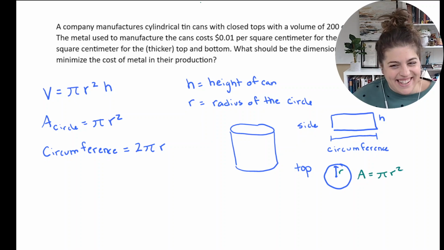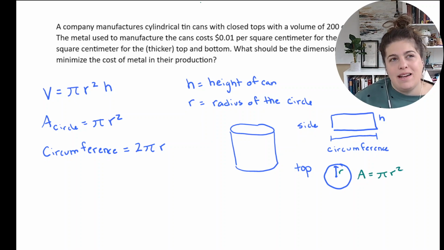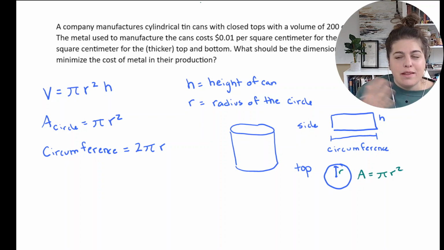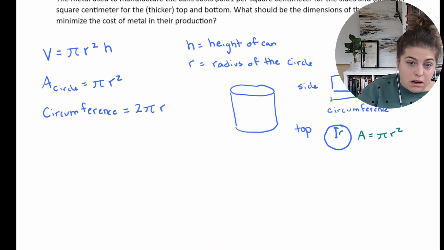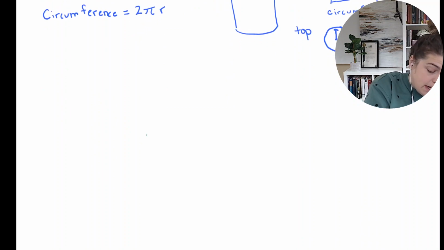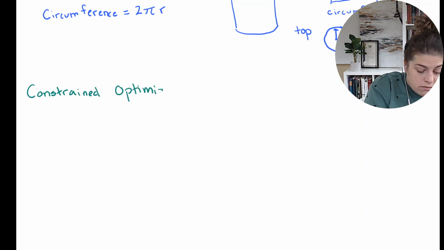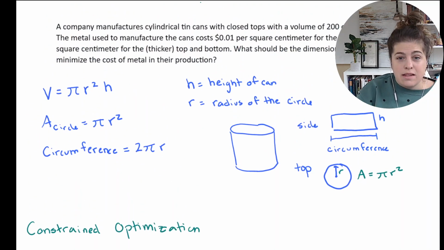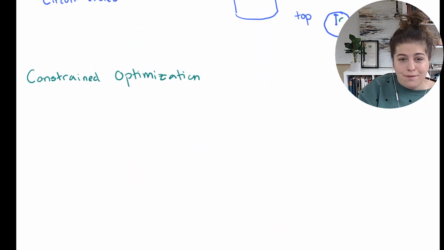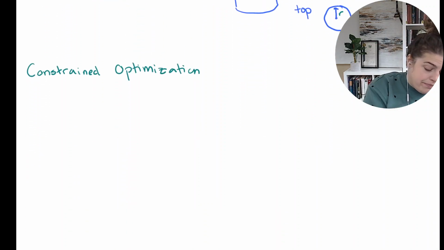Just a preamble, because what we want to recognize with any question like this is constrained optimization. With constrained optimization, there's the thing we're trying to maximize or minimize, and then there's the constraint. In this problem, the thing we are trying to minimize is the cost of the metal in the production.